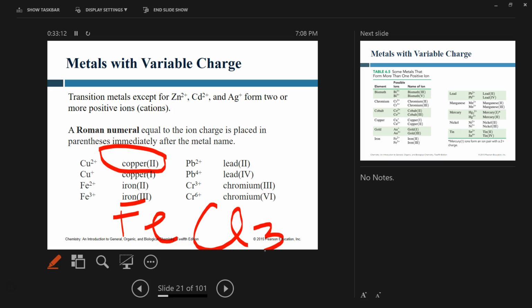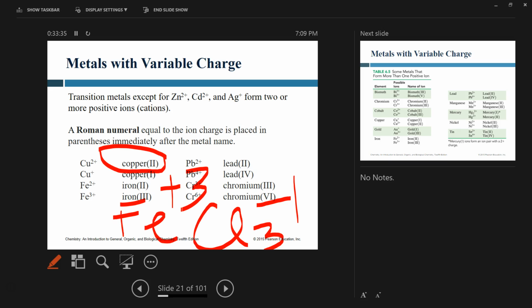How many chloride atoms are in this compound? 3. What's the charge of chlorine always? -1. What should be the charge on iron to make it electrically neutral? +3. That makes sense?